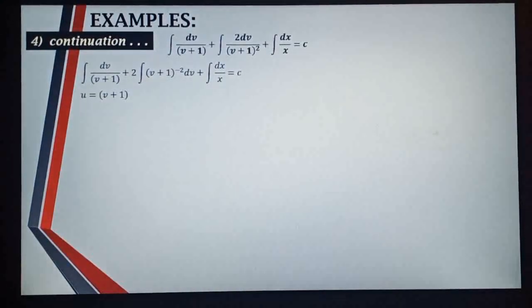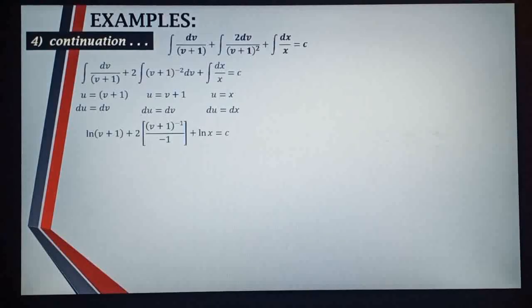Now for the first term, set v plus 1 as your u, so du equals dv. Then the second term falls under the power formula, setting u as v plus 1, and your du is the same as the first term, which is equal to dv. Then for the third term, you have u as x, then du equals dx.